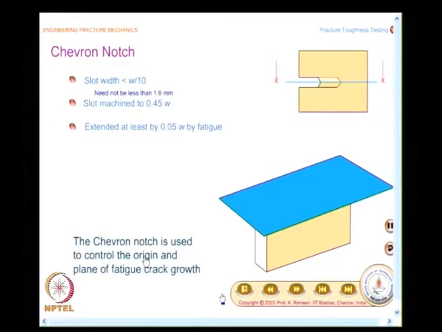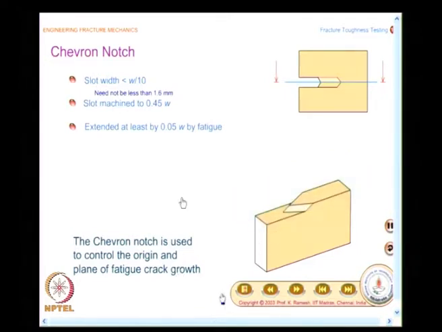The chevron notch is used to control the origin and plane of fatigue crack growth. Here it is. So, this explains for all the lines. You have this inclined line that explains this inclined line, and this inclined line explains this line, and whatever the horizontal line you have is the one which you have as the inclined line. And what is the advantage here?